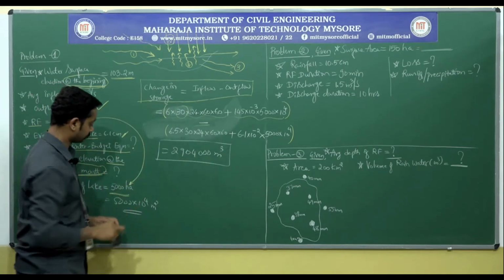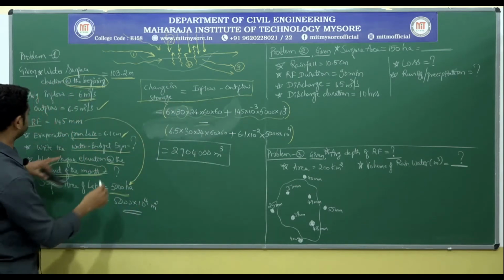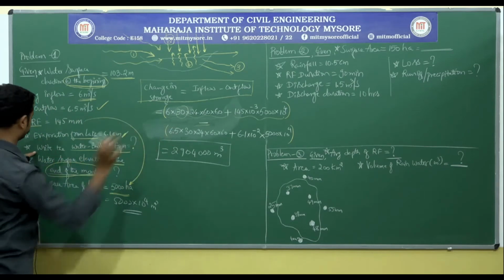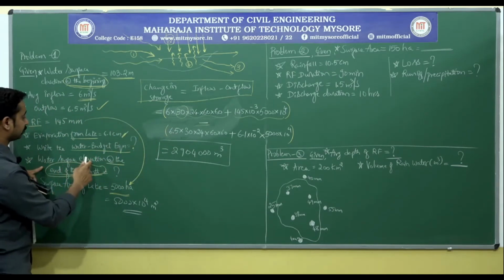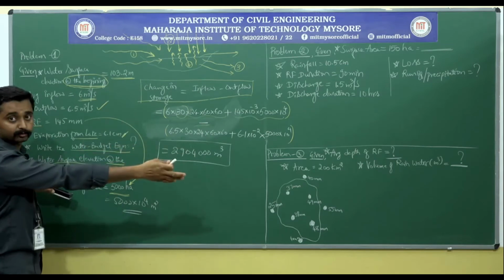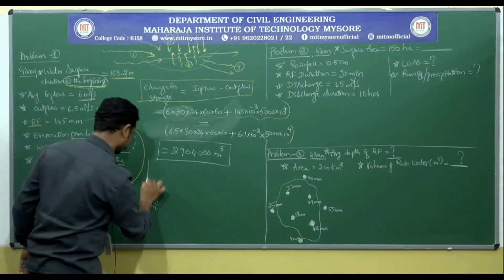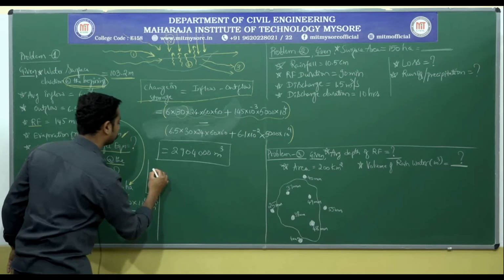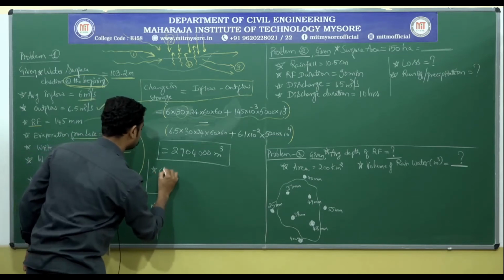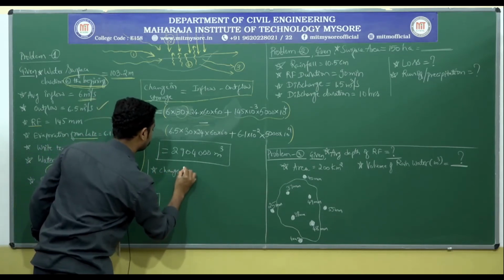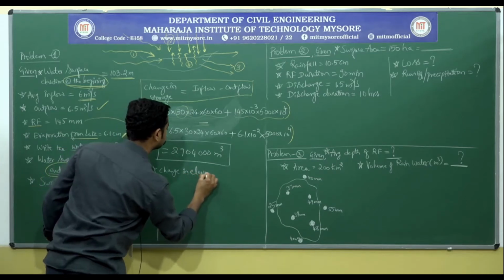Okay, now next, what do we do? One is done: writing the water budget equation is finished. Now we need the water surface elevation at the end of the month. For that we need the change in elevation.